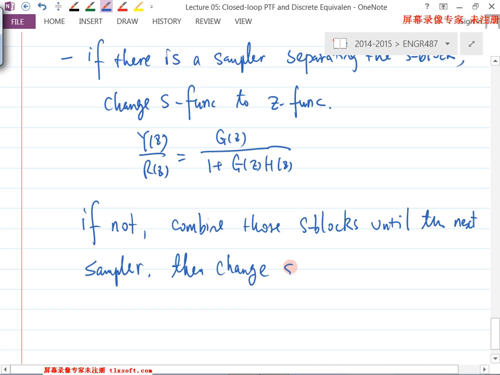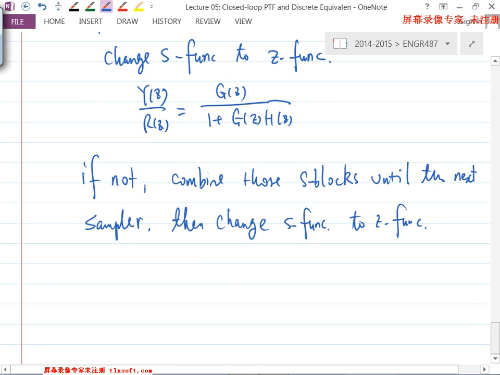Then change the S function to Z function. Okay, so I'll give you an example now, and see if you can make use of what we just listed here to derive the closed loop pulse transfer function.